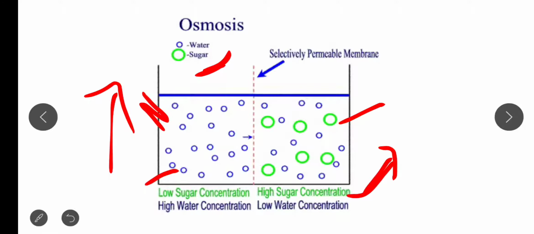So water has to move through the semi-permeable membrane from the higher chemical potential towards the lower chemical potential. So this will lead to osmosis.